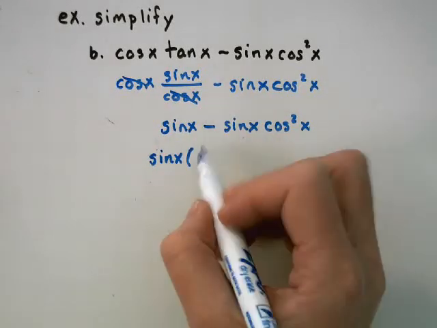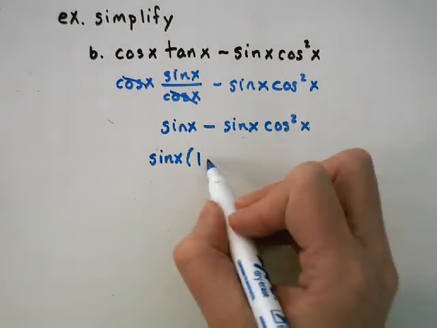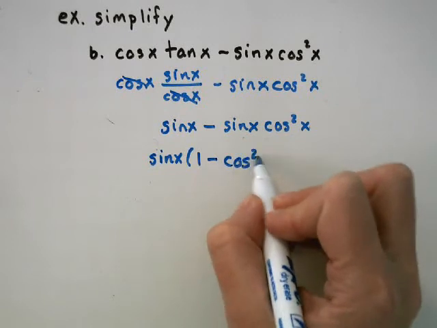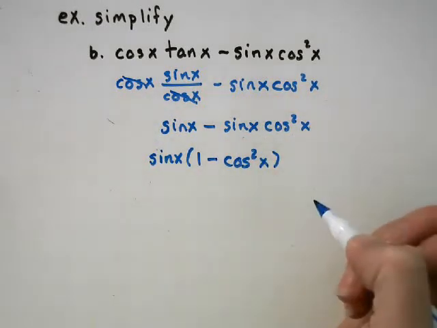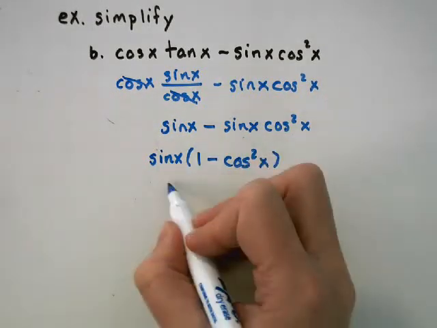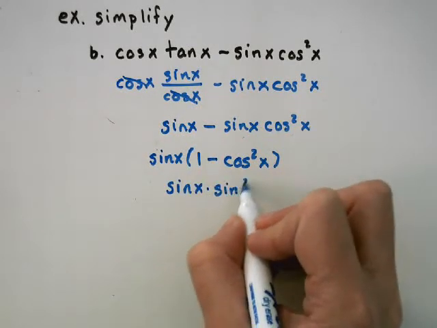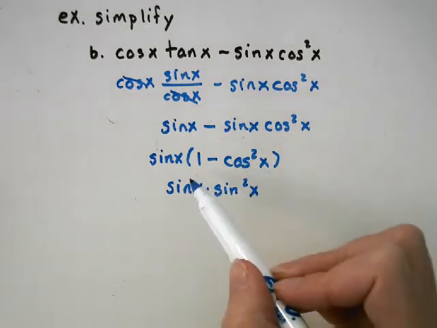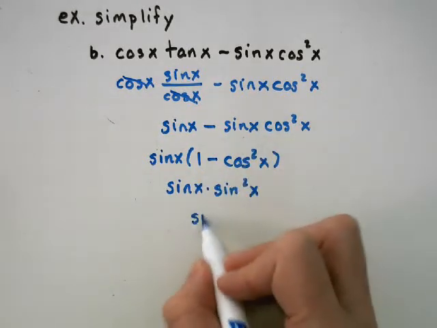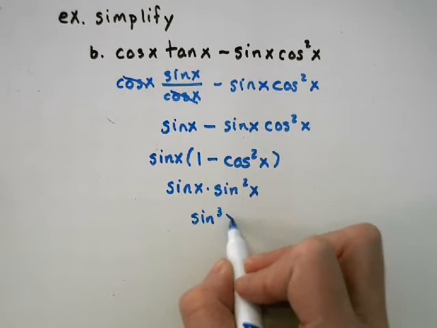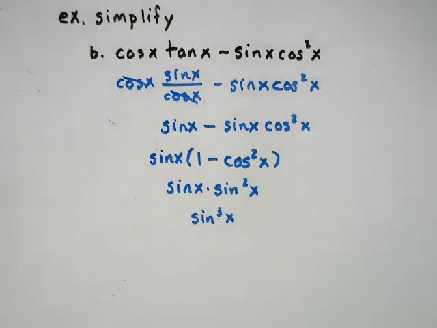So if I factor a sine out here, I'm left with 1. If I factor a sine out here, we get a cosine squared. Well, that's just sine squared. And then sine of x times sine squared is going to be sine cubed x.